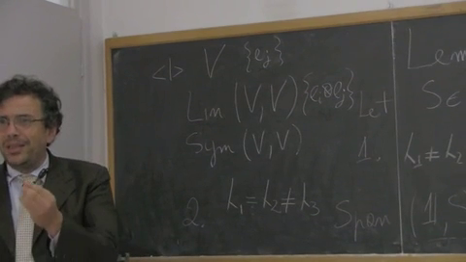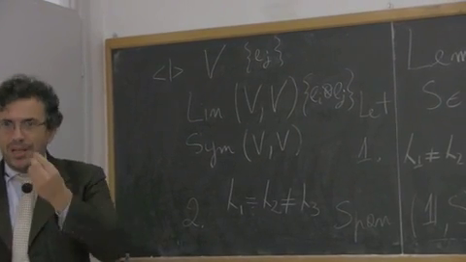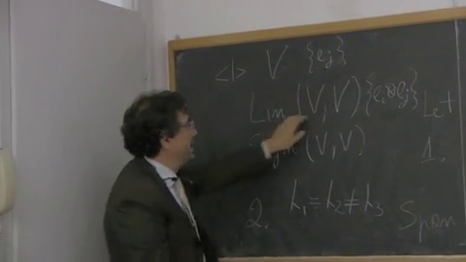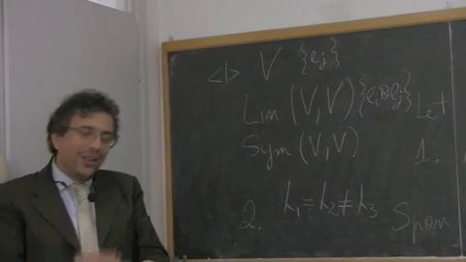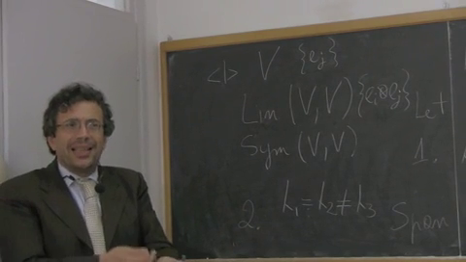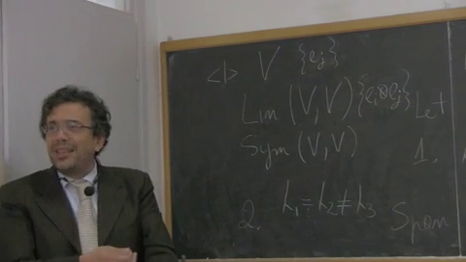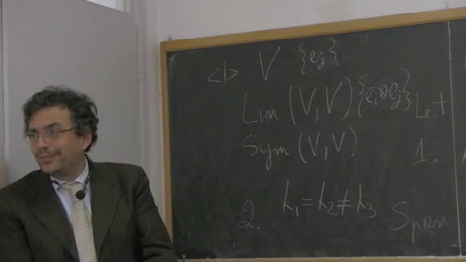You can consider a tensor as a vector, a member of the vector space Lin(V,V). Okay? So depending on how you are zooming in on the structure of your set of objects, you can regard it as a vector or as a tensor. Okay?